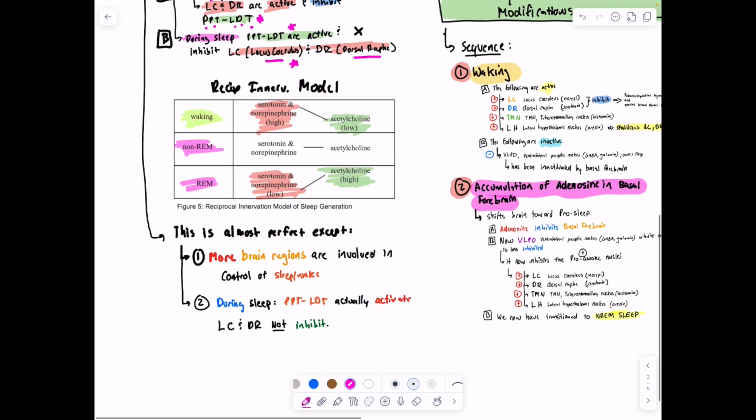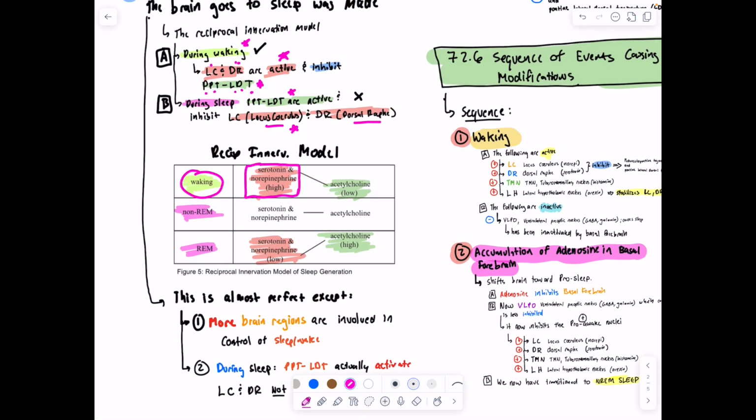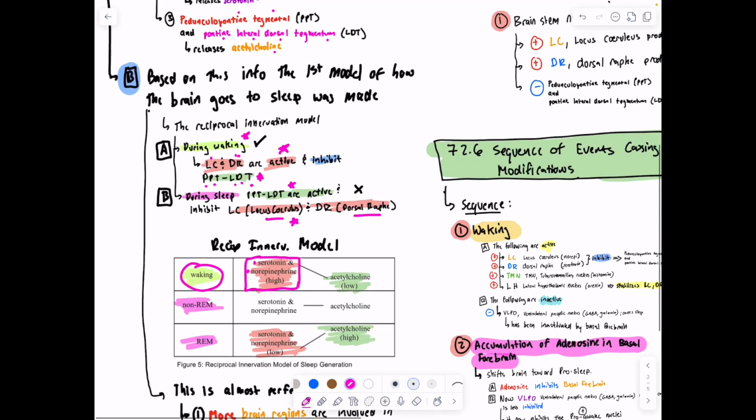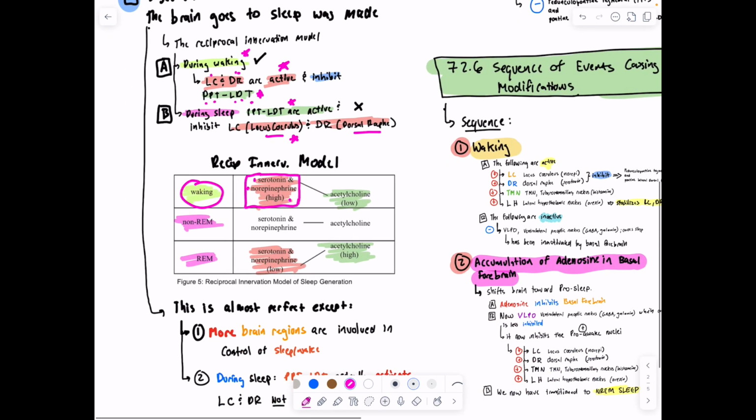All right, and so the model is basically saying during waking, your locus coeruleus and your dorsal raphe are active, so you have a lot of serotonin and norepinephrine. The dorsal raphe is producing serotonin, the locus coeruleus is producing norepinephrine, so those are both high because during awake, the pro-awake nuclei are active, and they're inhibiting the pro-sleep nuclei, in this case, PPT and LDT, okay?